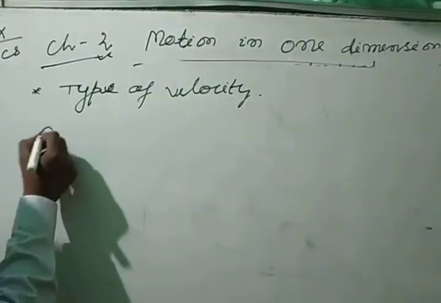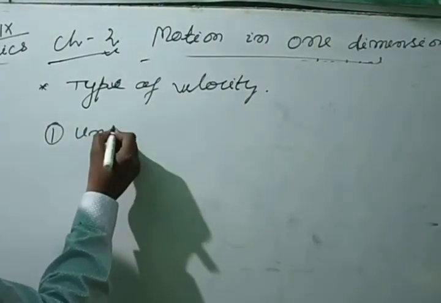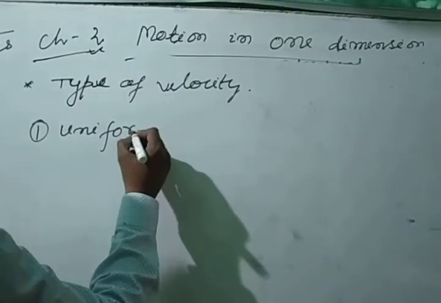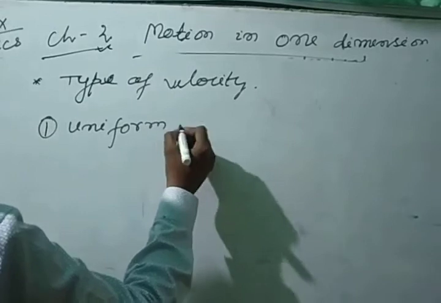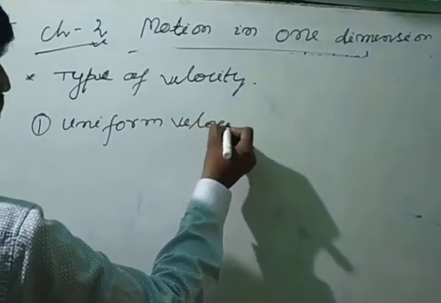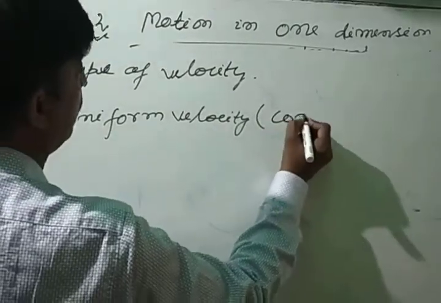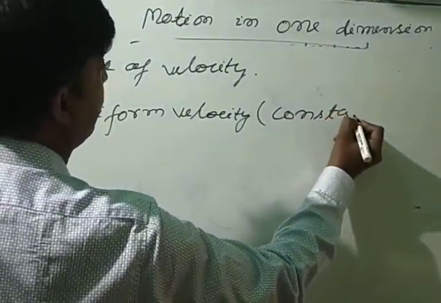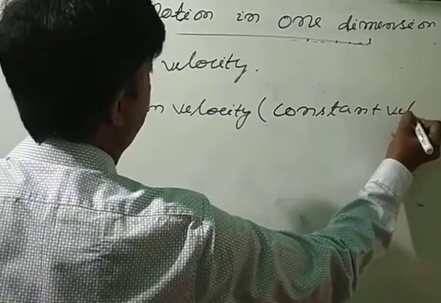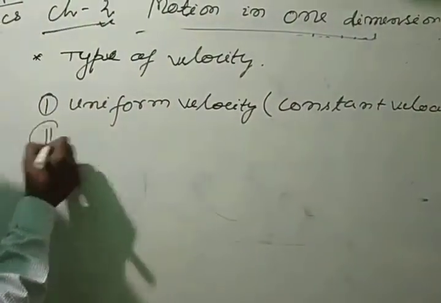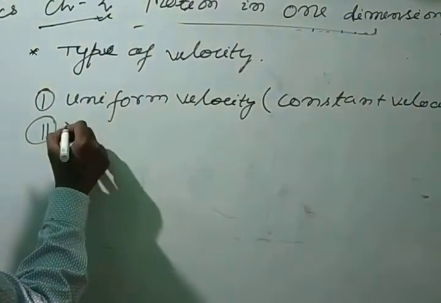There are four types of velocity. First, uniform velocity. It is also called constant velocity. Second, non-uniform velocity.